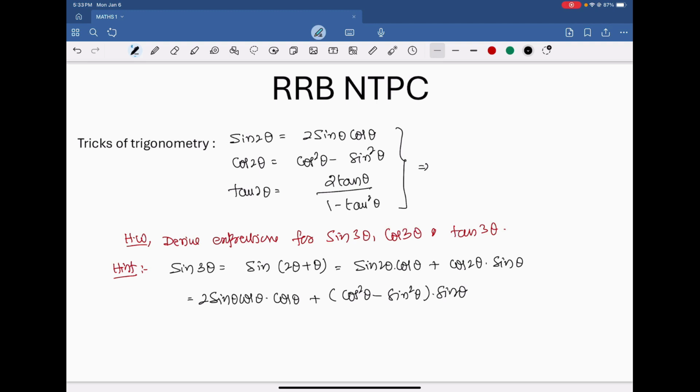That is equal to 2 sin theta cos square theta plus cos square theta sin theta minus sin cube theta. That is equal to 3 sin theta cos square theta minus sin cube theta.